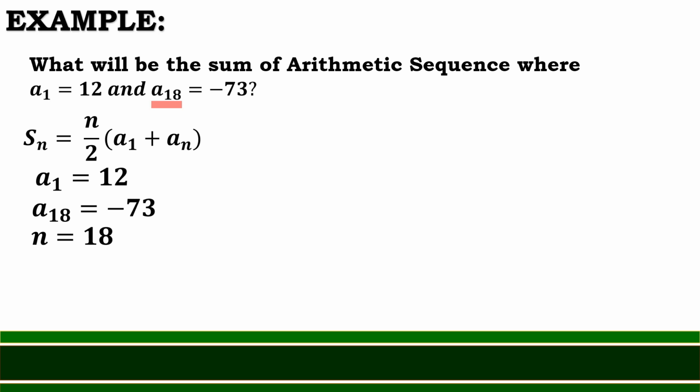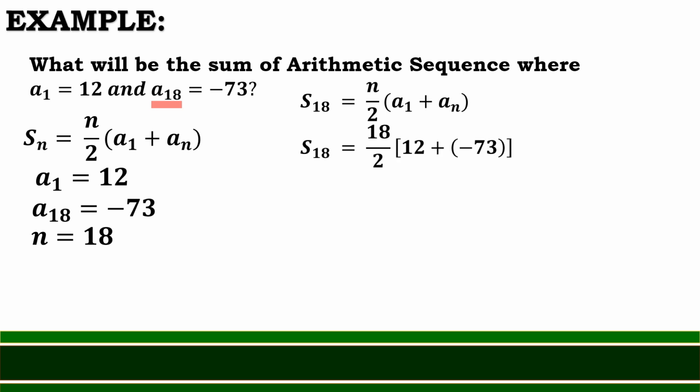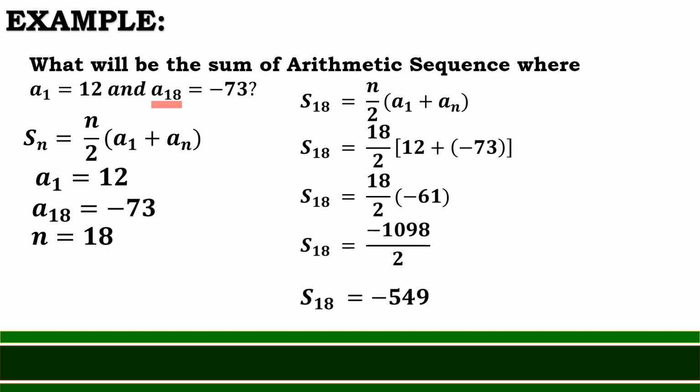Ngayon, hanapin natin yung sum ng 18 terms. Substitute natin yung corresponding value. We have 18 divided by 2 times 12 plus negative 73. So, you have 18 divided by 2 times negative 61. Then, 18 times negative 61 will give you negative 1098 divided by 2. The sum of 18 terms from the given sequence is negative 549.